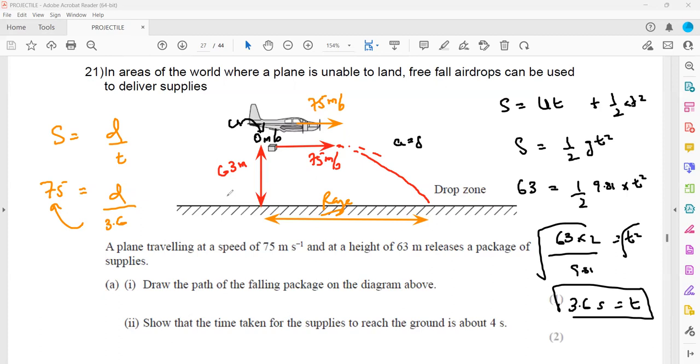So the horizontal distance will be about 270 meters, or the distance covered by the plane is also 270 meters, because the plane is also moving with the same horizontal speed as the package. But as I mentioned, practically it won't be the same, but theoretically, as we assume that there's no air resistance, it will be the same.